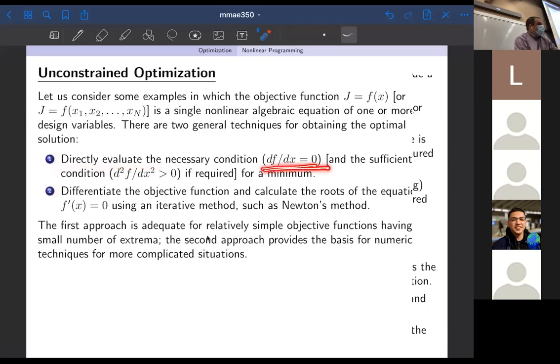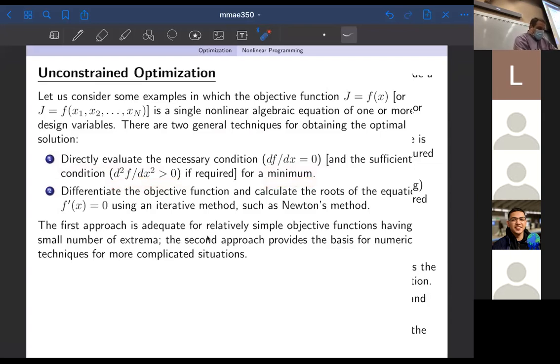So you take df/dx, set it equal to 0, f prime of x equals 0, and then determine the value of x for which that is true. And if necessary, I can also check the second derivative, so I can determine the curvature to see whether indeed it is a minimum or a maximum. So that's just straight from calculus, just applying calculus directly to our optimization problems.